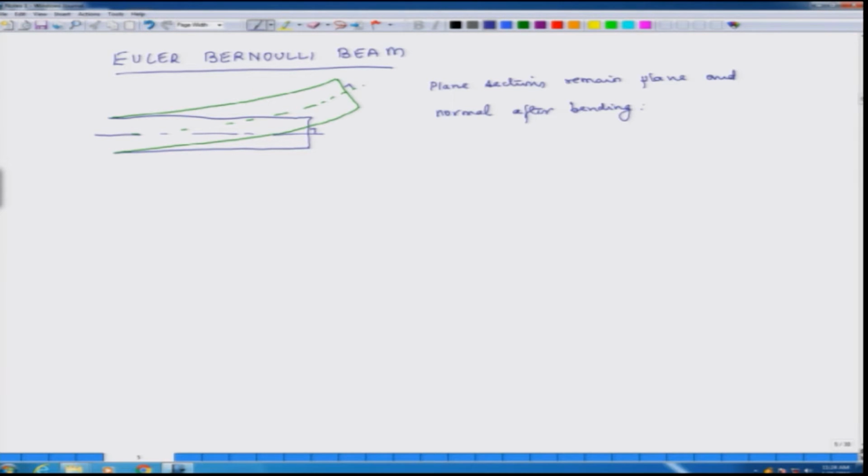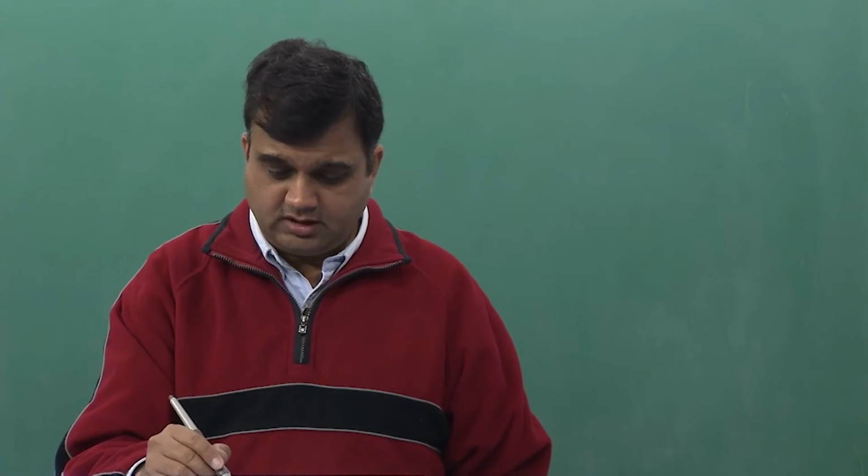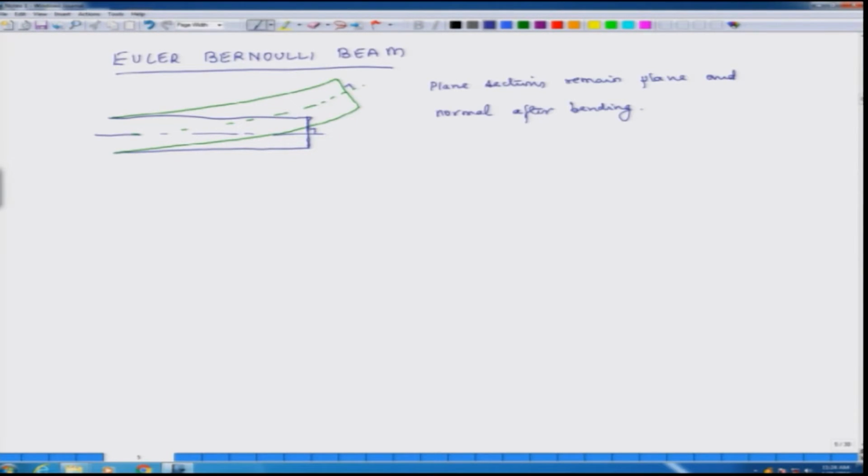So, this is a plane section and originally it was at 90 degrees to the neutral axis. After bending, it continues to remain a straight plane section, and it also continues to remain at 90 degrees, or perpendicular, to the neutral axis. So, this type of beam is known as the Euler-Bernoulli beam.